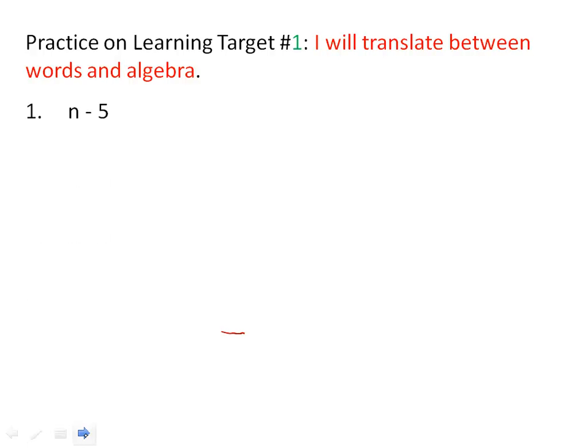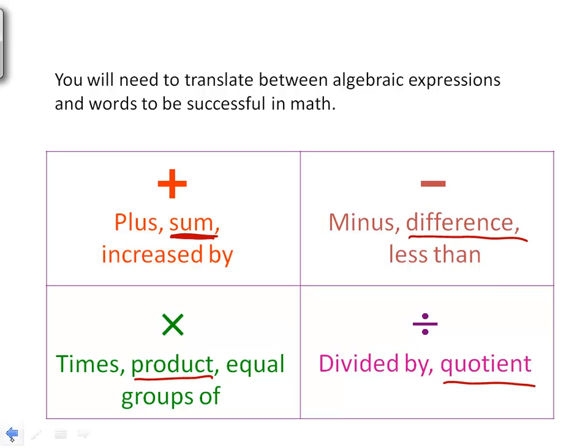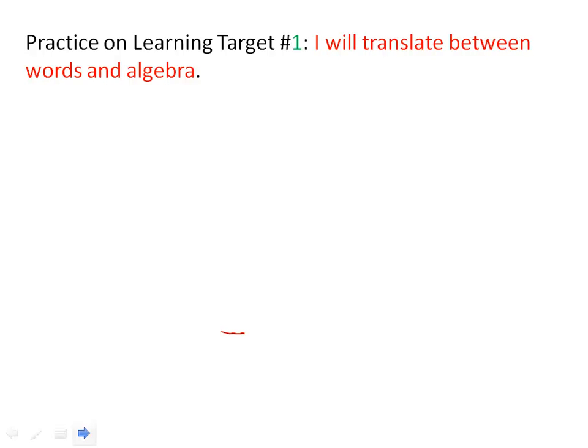All right, so now we have to describe this in words. We've been given this algebraic expression, and we have to find a way to describe this. In the book, they're going to want you to do 2 ways to describe it. Thinking back on some of our key words here, we see there's subtraction, so we're looking at minus, difference, and less than.